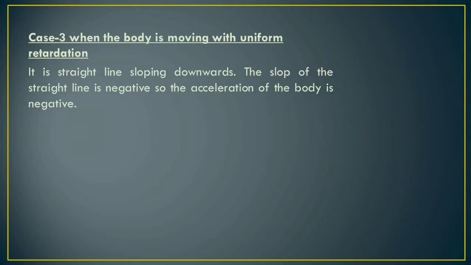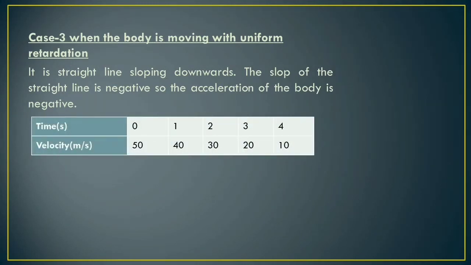The slope of the straight line is negative because here the body is moving with uniform retardation. Retardation means negative acceleration, when the speed or the velocity decreases. So the acceleration of the body is negative, or in other words the body is under uniform retardation.